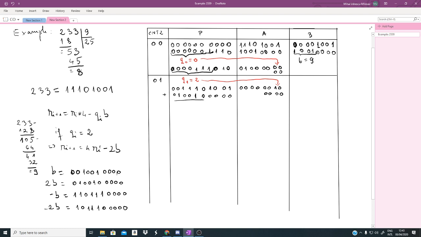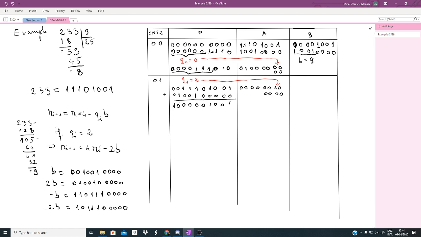The result is 1, 0, 0, 1, 0, 0, 0, 0, 0, and 1, right? Yeah.